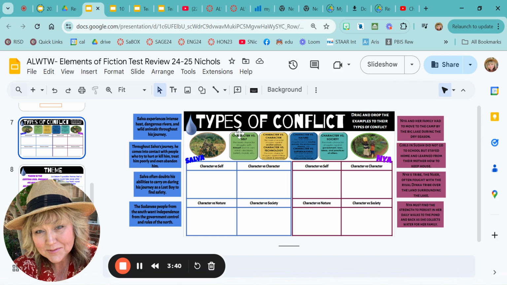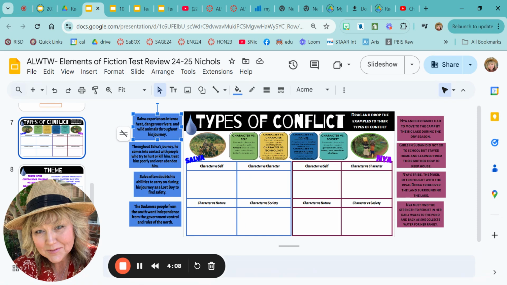And on this one is the types of conflict. As we talked about, there are a lot of different types of conflicts. Salva experienced all 4 types of conflict: character versus self, character versus character, character versus nature, and character versus society. So if you read these off to the side, you're going to drag and drop these. Salva experiences intense heat, dangerous rivers, and wild animals throughout the journey.